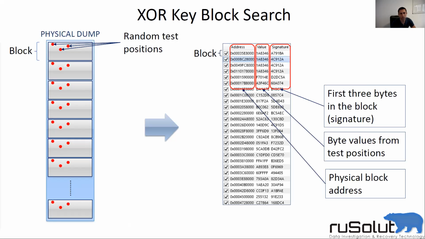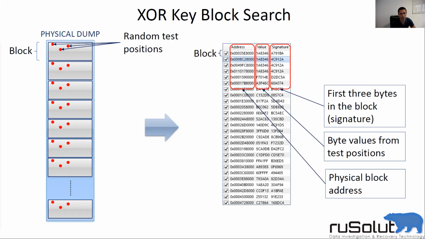The approach is to compare all blocks within physical DOM. And our idea is that blocks with XOR keys will have same content. They will have same data inside. Blocks without XOR key will have different data. Of course, sometimes it doesn't work like this.